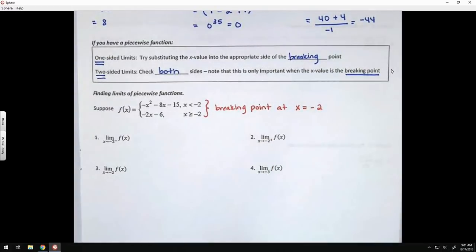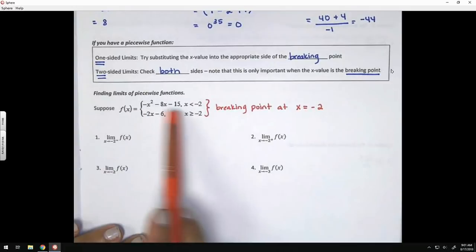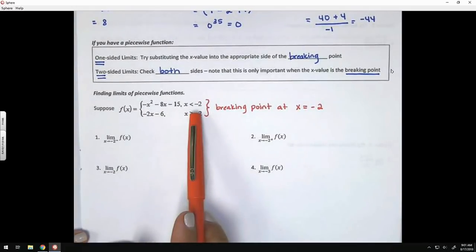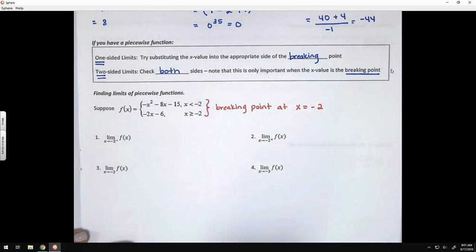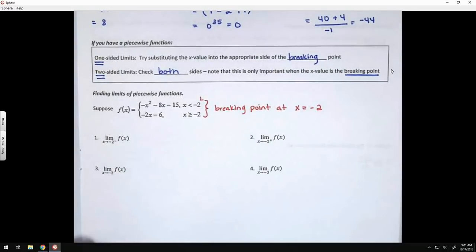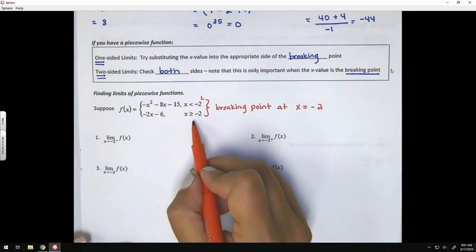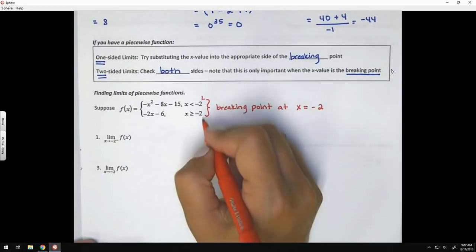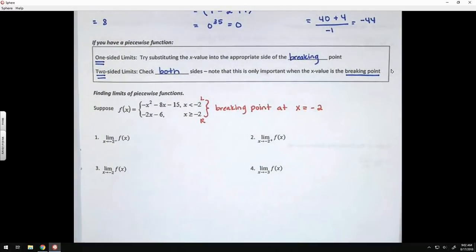So what that means is that the top function here is controlling all the values that are less than, or in other words, left of the negative 2, and the bottom function here is controlling all the y values that are greater than or equal to, or in other words, to the right of the negative 2. If I want to figure out what's happening when x approaches negative 2 from the left, I'm going to use the top function.